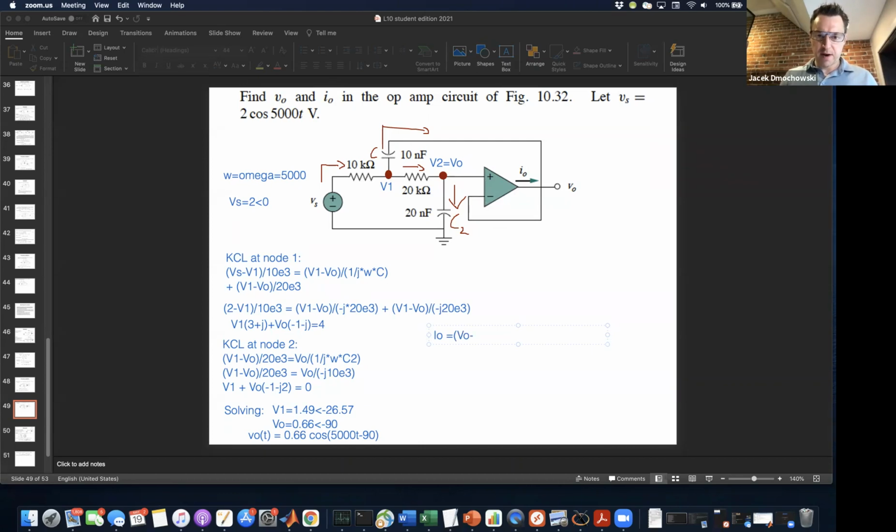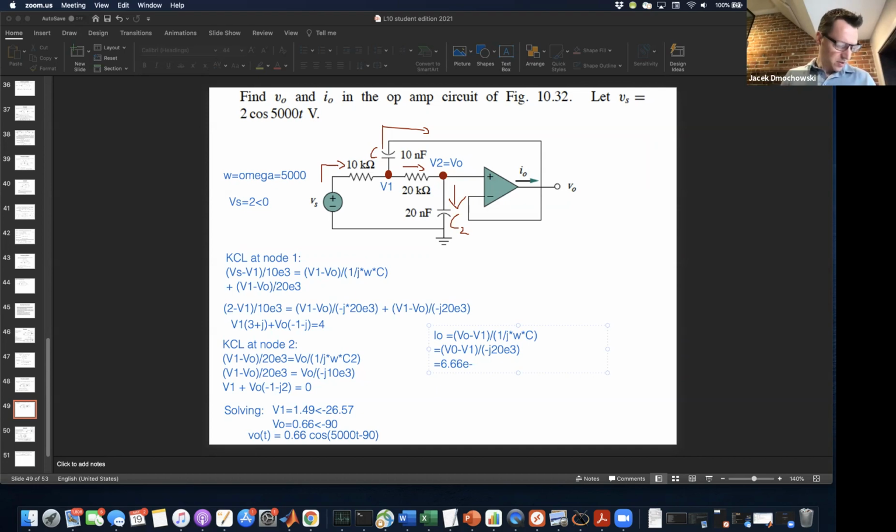V naught minus V1 over 1 over J times omega times C. So that becomes V naught minus V1 over negative J 23. And that gives us a very small number, as you would expect with an op-amp current.